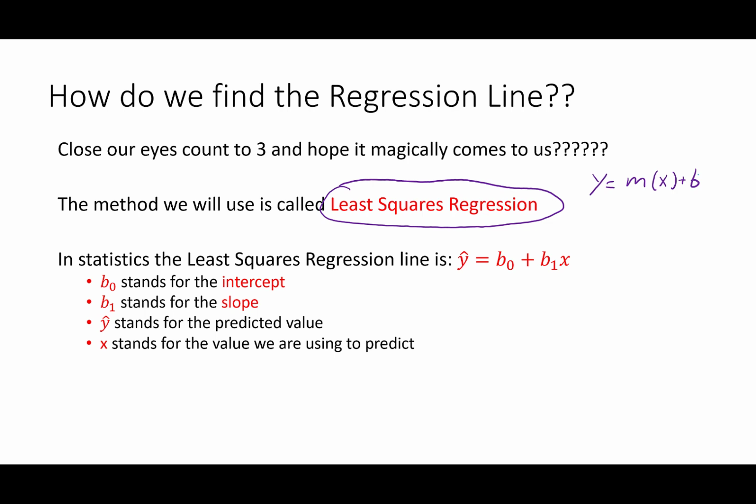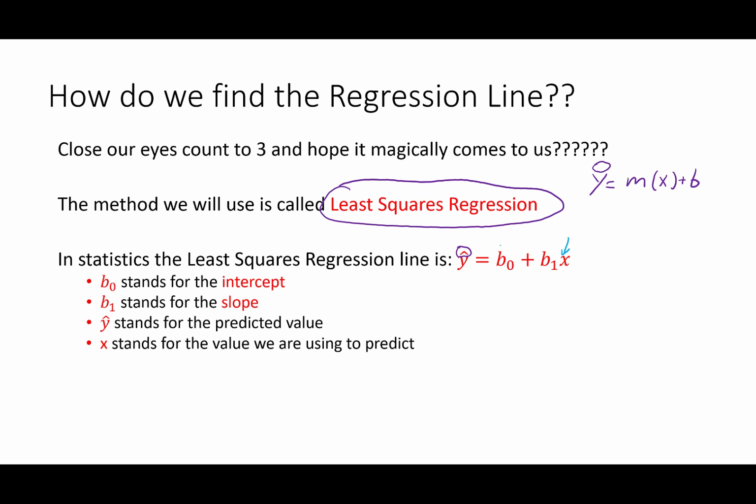In statistics, we have something very close, but there are subtle differences. We'll notice that in our equation, there's a little hat on y, but there wasn't a hat in our basic equation. That hat represents predicted values of y. We're going to be inserting values for x and spitting out values for y, predicted values of y, expected values of y.